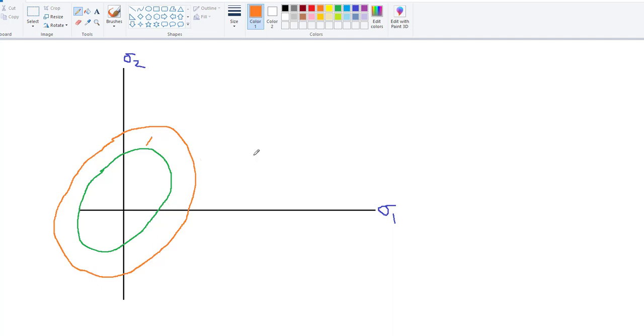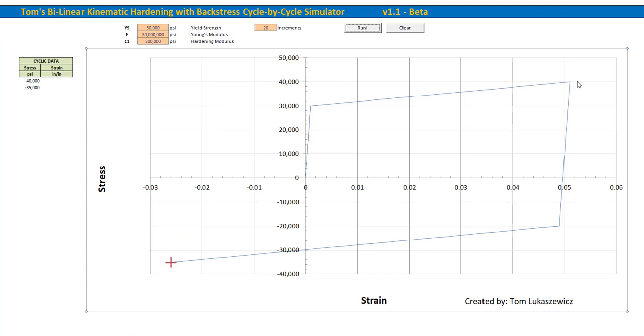So what is kinematic hardening? Kinematic hardening basically assumes that the yield surface translates in space as you're loading it. So if we strained it in this particular direction, our yield point has increased in that direction. But you'll also notice that on the compressive side, it also shifted, and that is why on the compressive side it's actually smaller, which is exactly what we see here.